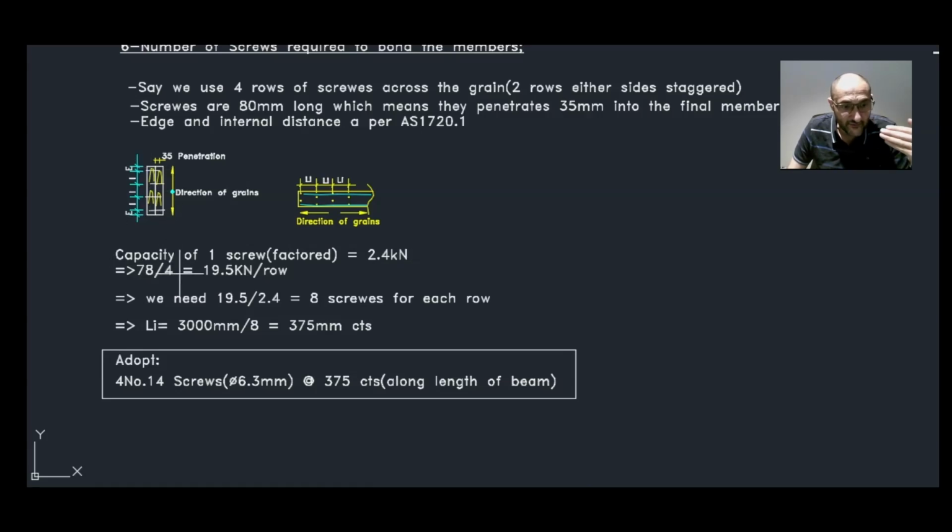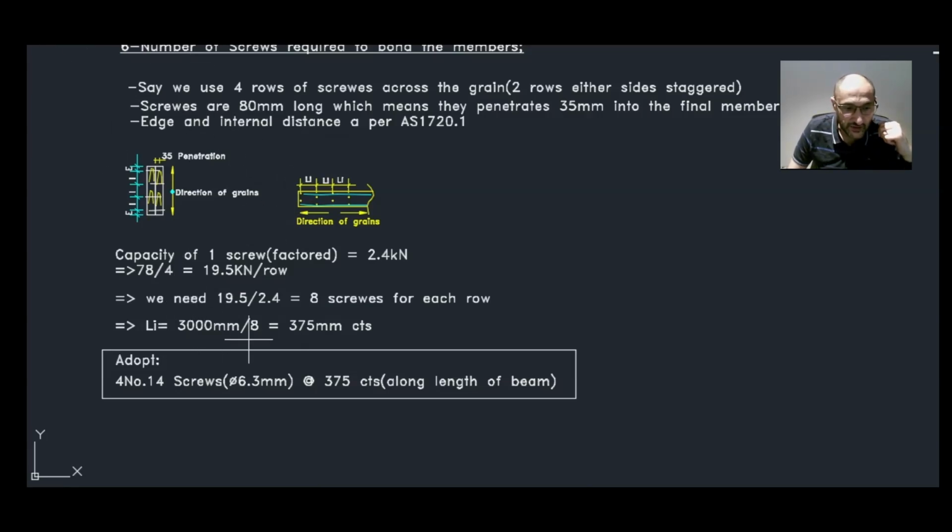So 78 divided by 4, that will give us 19.5 kilonewton per row, which means all the screws in every row have to take 19.5 kilonewton. Therefore, we need 19.5 divided by 2.4. We need 8 screws for each row. Hope that all makes sense.